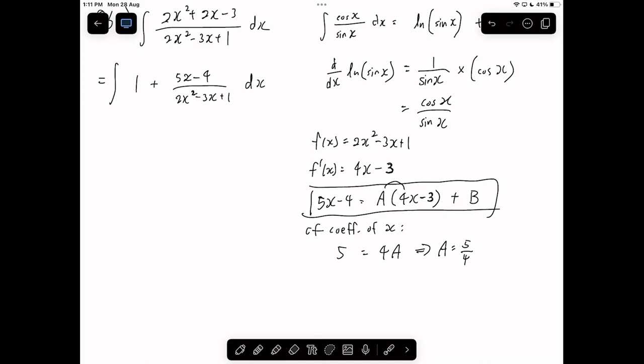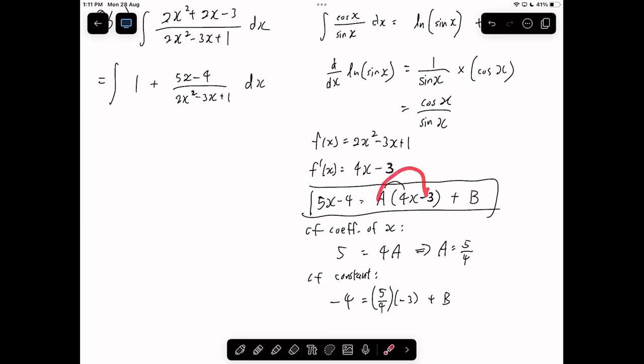You sub in the a with 5/4. Then now you can compare constants, right? Compare constants, or you just sub in a good value of x, also okay. I think comparing constants is fast enough. So you get -4 equals a times -3 plus b. But wait a minute, I remember what's a. What's a? 5/4. Right?